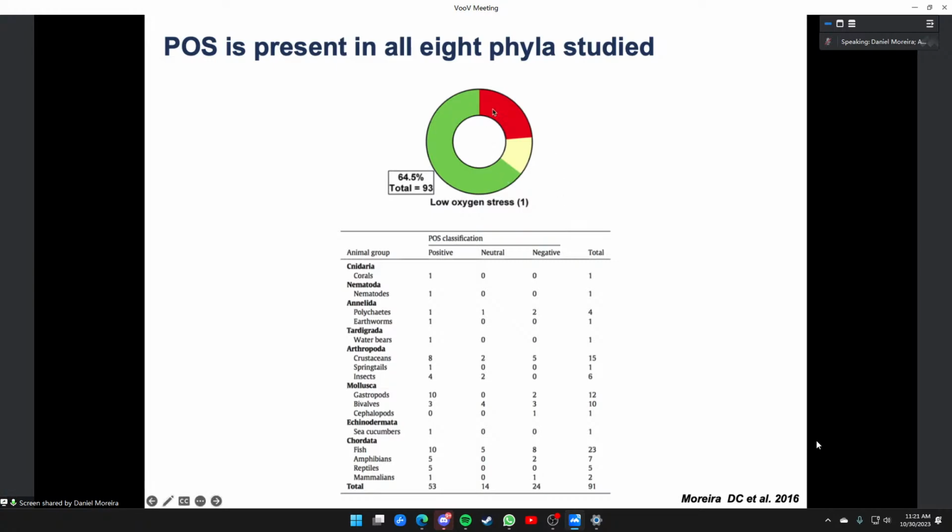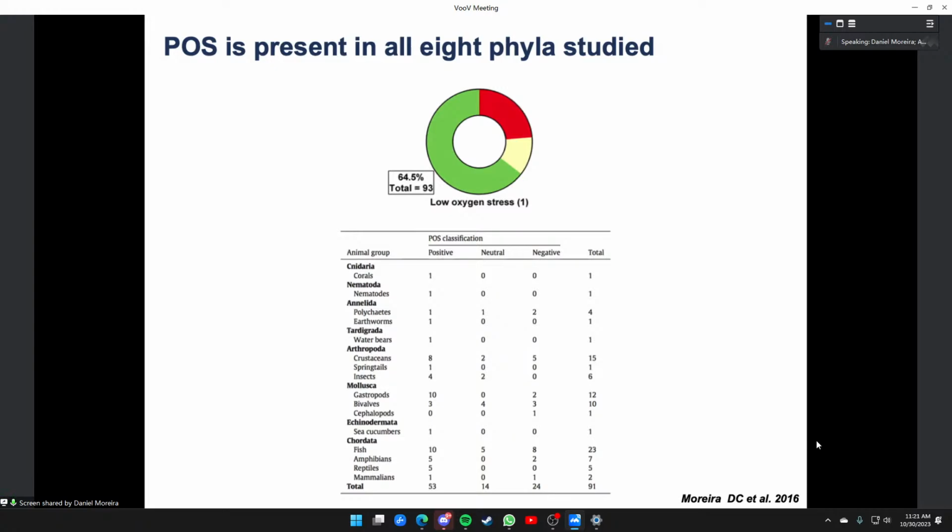Here is the global view of 93 species studied in these studies from 2016. More than 60% upregulate at least one antioxidant when exposed to lack of oxygen.